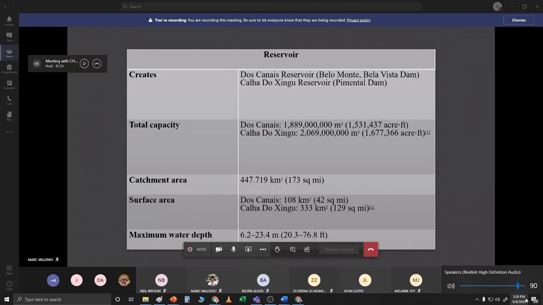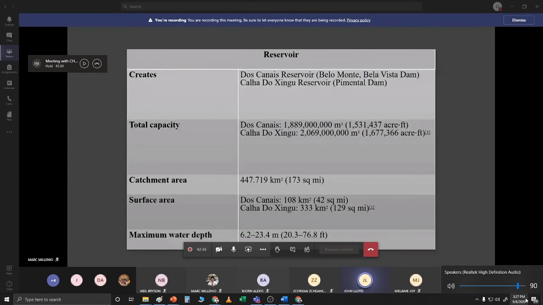So the total capacity of the reservoir, it has two reservoirs, the Dos Canais and the Calha Xingu. The Dos Canais has 1,889,000,000 cubic meter, and the Calha has 2,069,000,000 cubic meter.